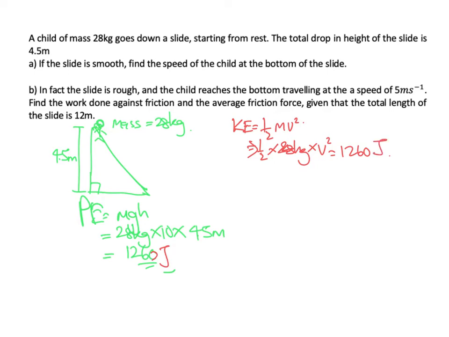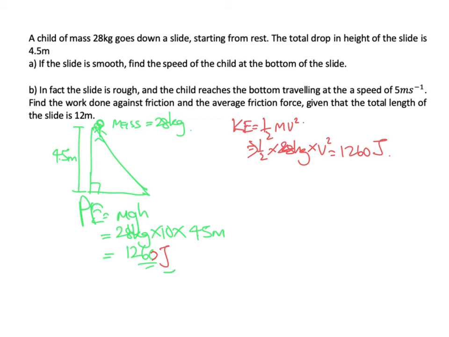Because we know the principle of conservation of energy: you can't destroy energy, and you can't create it. It can only change form from one to the other. From potential it can go to kinetic, and from kinetic it can go to potential.